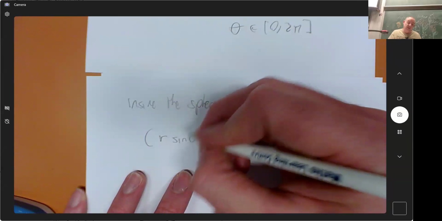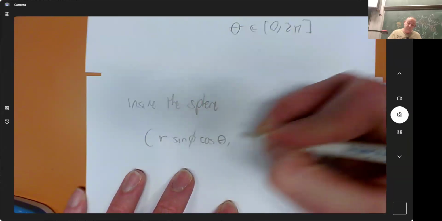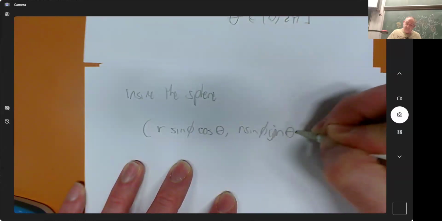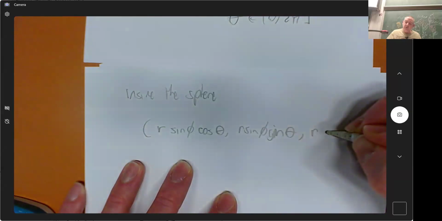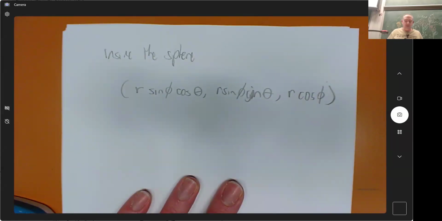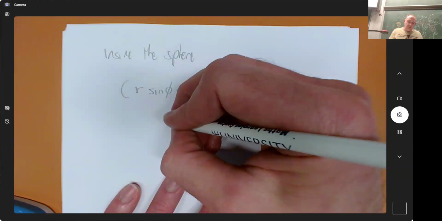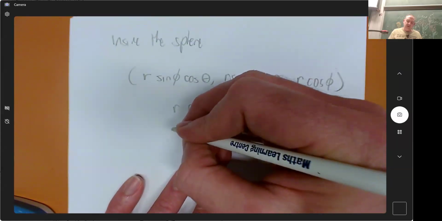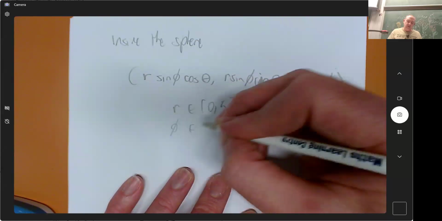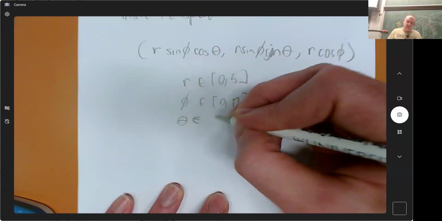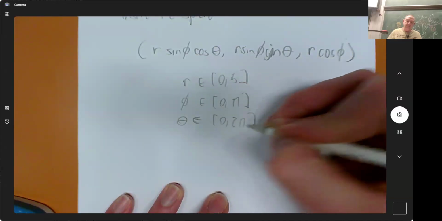I'm going to use R, sorry, because they use rho and then they use rho for density as well. And it's like, honestly, people. And so the radius goes from 0 up to whatever the radius actually is, the phi goes from 0 to pi, and the theta goes from 0 to 2 pi.